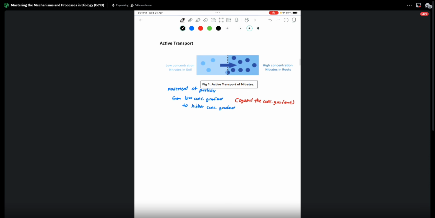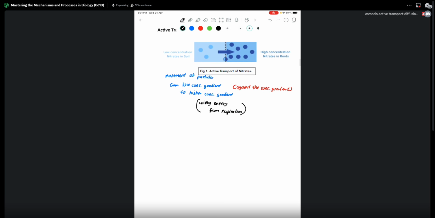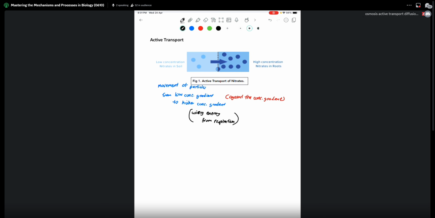Okay. And one more thing is that it uses energy from respiration. Okay, so this one is very important. Now you'll be asking me why active transport works so differently from osmosis and diffusion.